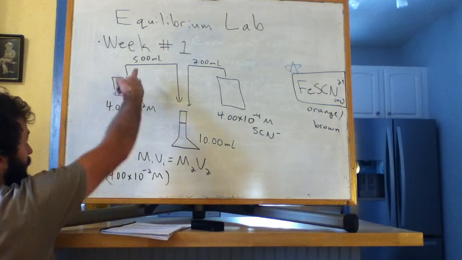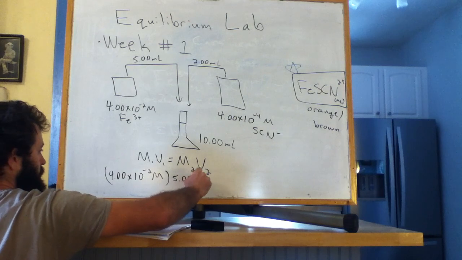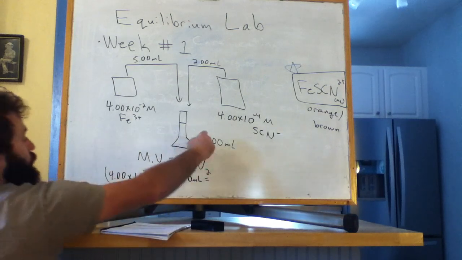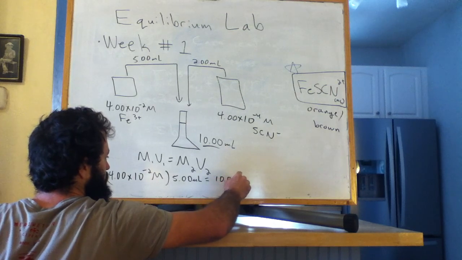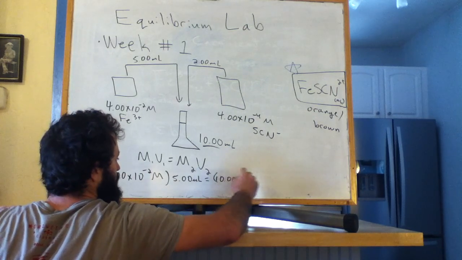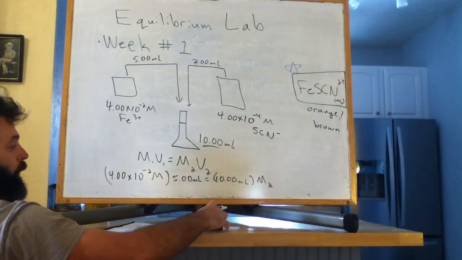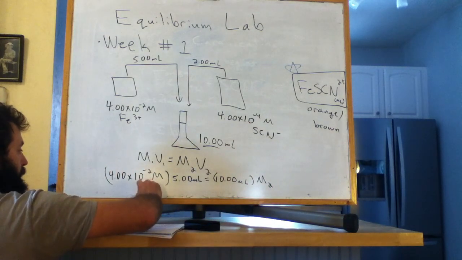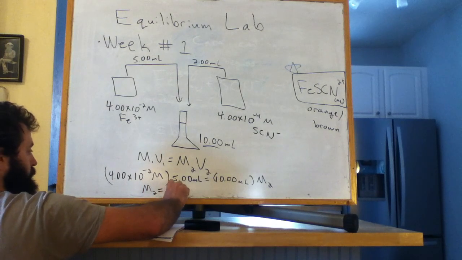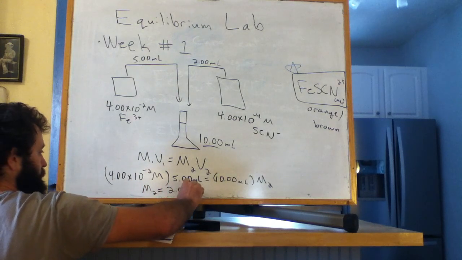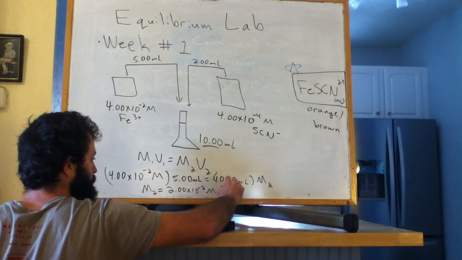We are taking 5 mils of that. We are diluting to a final volume of 10 mils. So we can figure out what our final molarity is. What we're essentially doing is diluting this by a factor of 2. So our final molarity will be 2 times 10 to the minus 2 molar iron 3 plus.